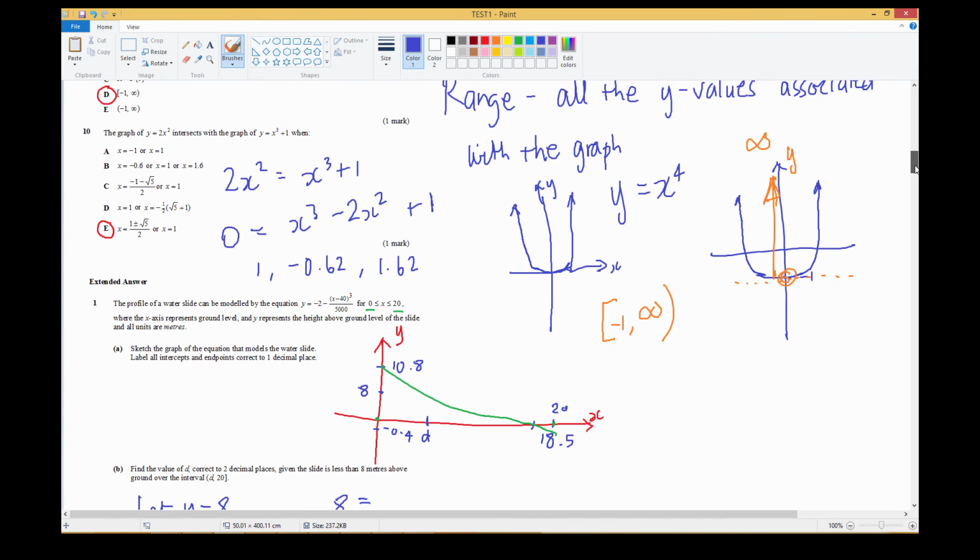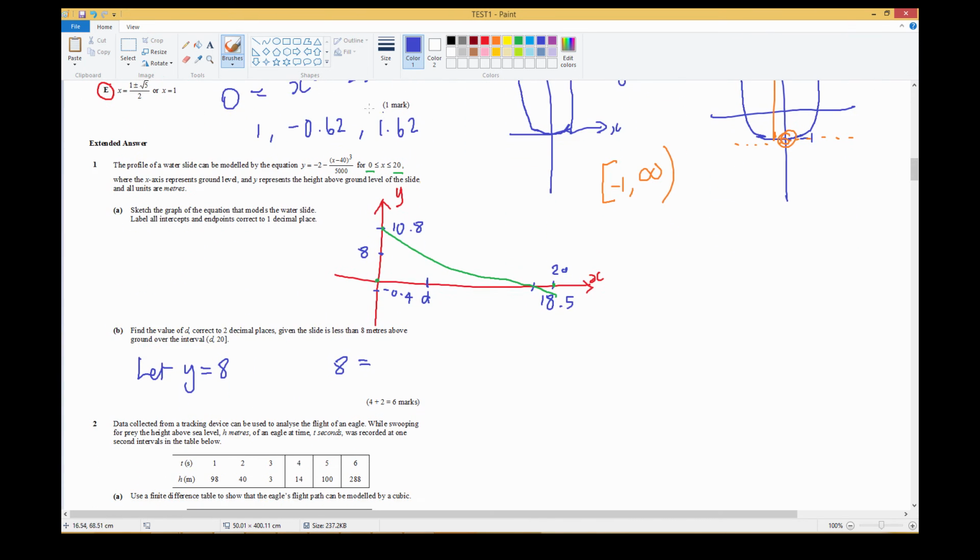Right, so go back to the equation. y is equal to 8 equals negative 2 minus x minus 40 cubed over 5,000.